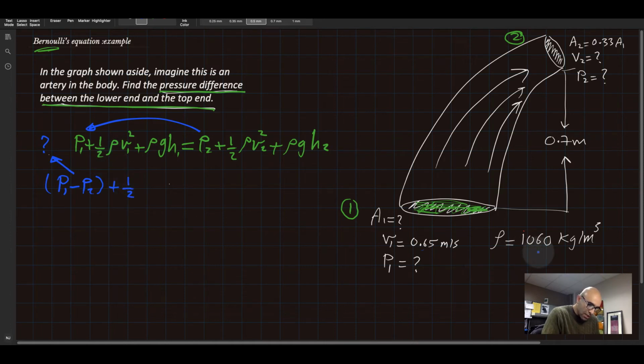I'm going to give you the density of blood. There it is: the density of blood is equal to 1060, times V1 squared. Do we have V1? Yes, we do, 0.65 squared, plus now rho g h1.